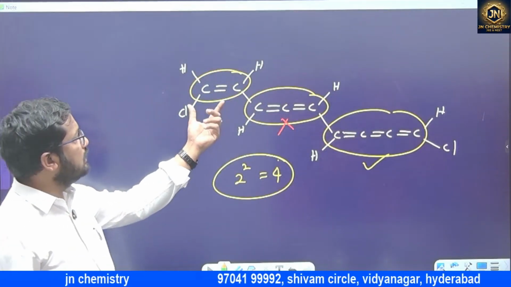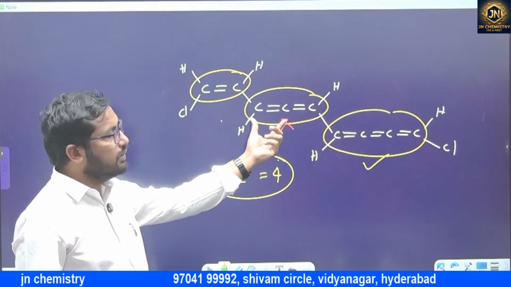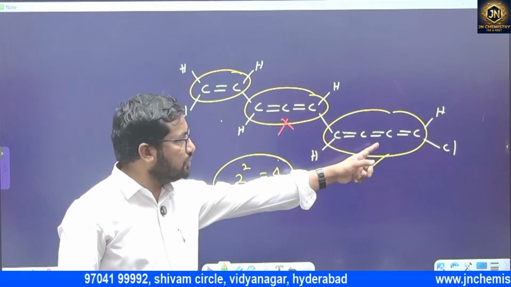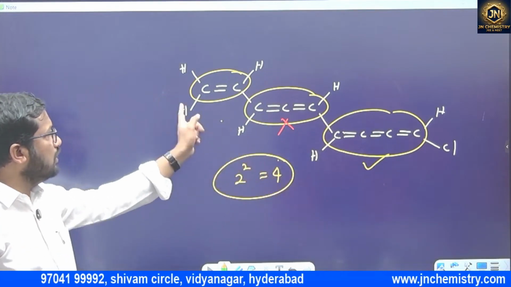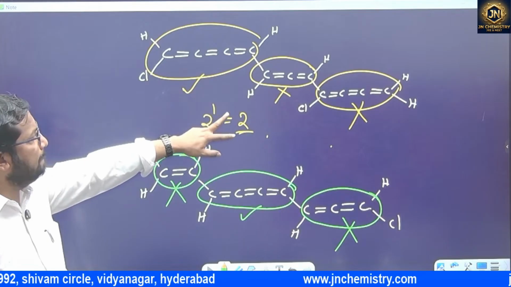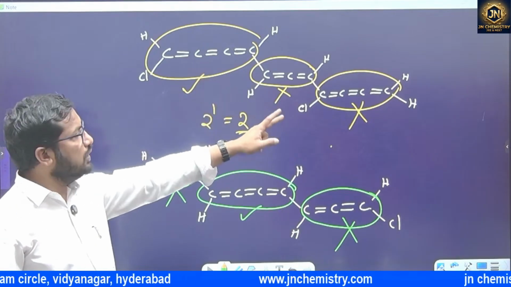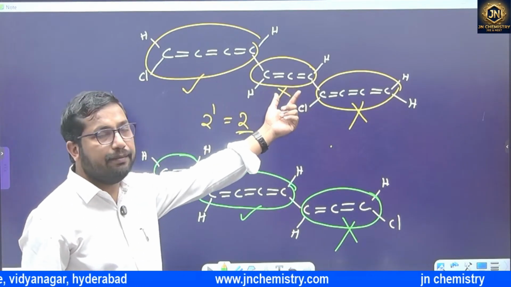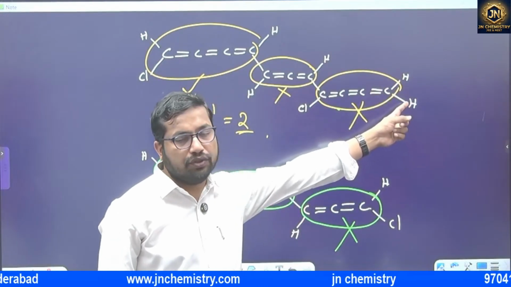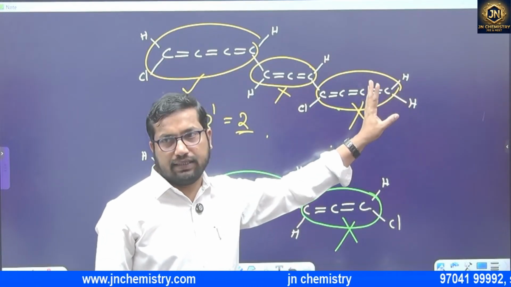In this case, because it is an even number, it won't show. This is the odd number, it shows 2 power 2. In this case, it is an odd number so it shows, but C is not equal to D. So we need to consider all these things.